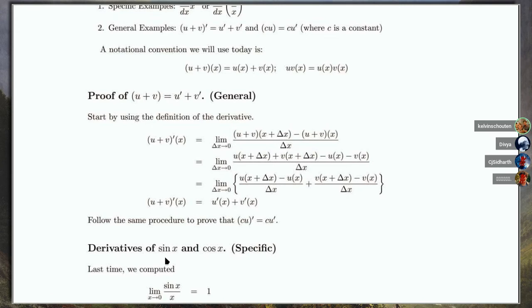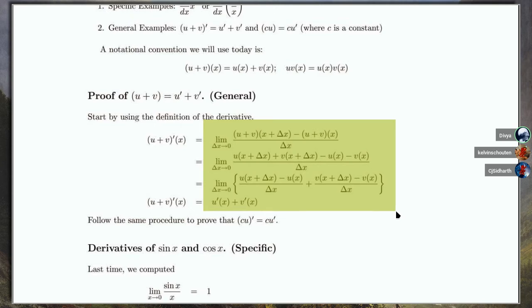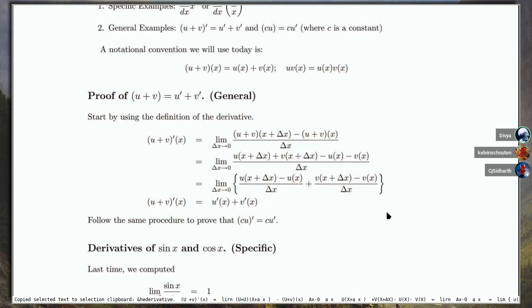Makes sense. You can do the same for multiplication of a constant. You can apply the same technique of writing them in terms of limits and just having this constant multiplied to the function, and you'll get this.